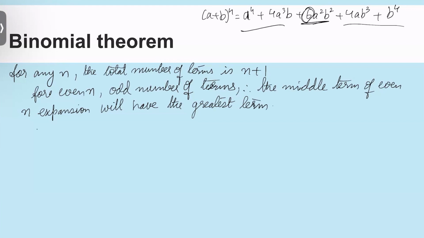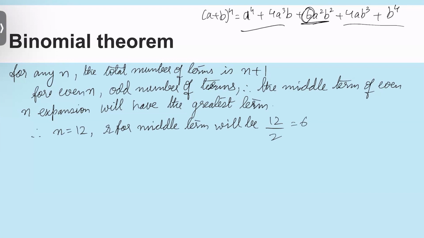So if your n is equal to 12, your r for the middle term will be 12 by 2, which is equal to 6.